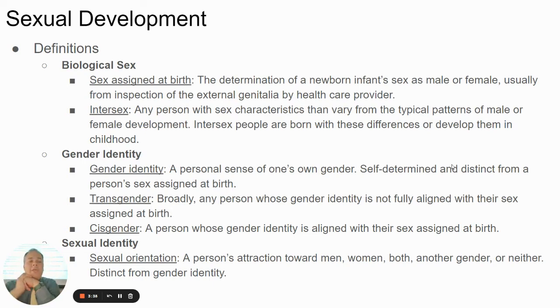We can use those terms, and there's lots of variation on these. And that's also separate from sexual orientation, right? Who a person is attracted to, whether it's men or women or another gender or none in particular. So those issues are all different, and it's easy to sometimes mix those up.